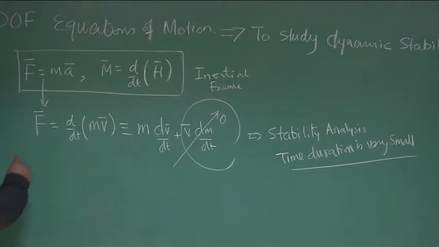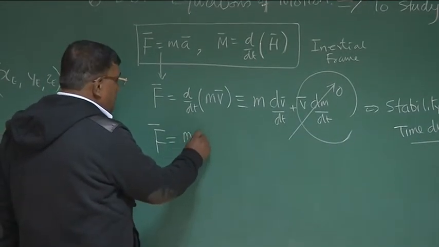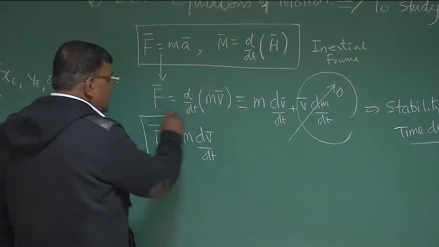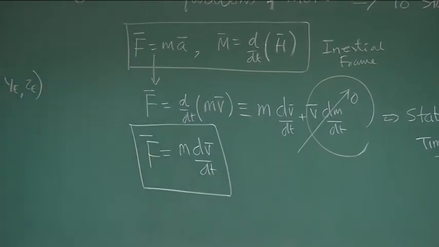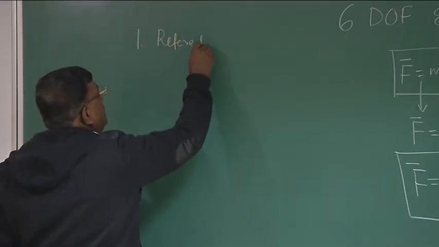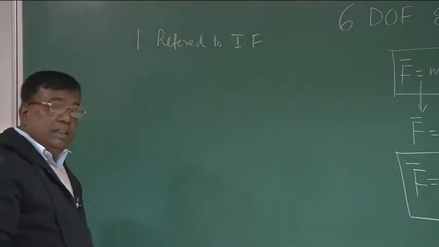So I write F, which all of us know, F external is m dv by dt, correct? Now, let us go a little bit deeper into this expression. Remember, we are developing this equation number 1 with reference to the inertial frame of reference, which is the earth axis.